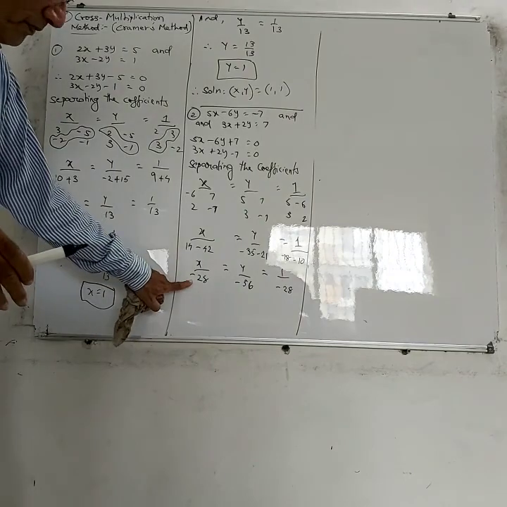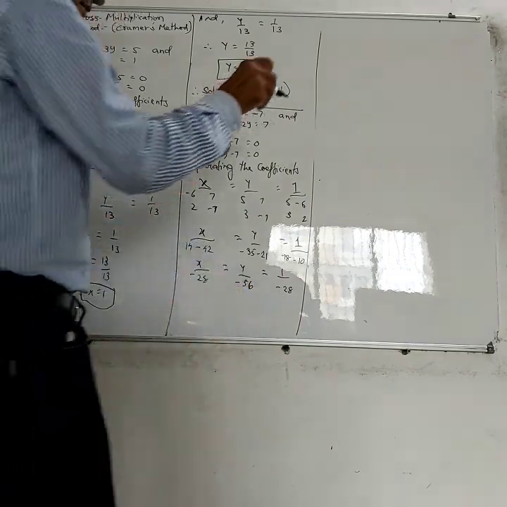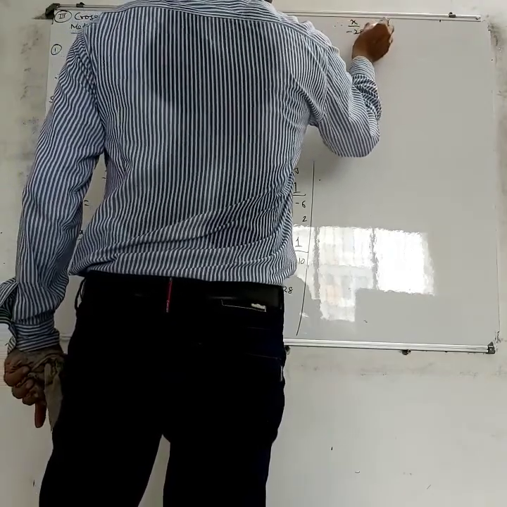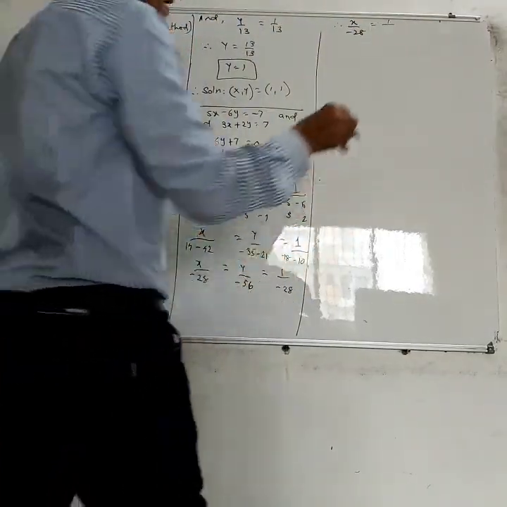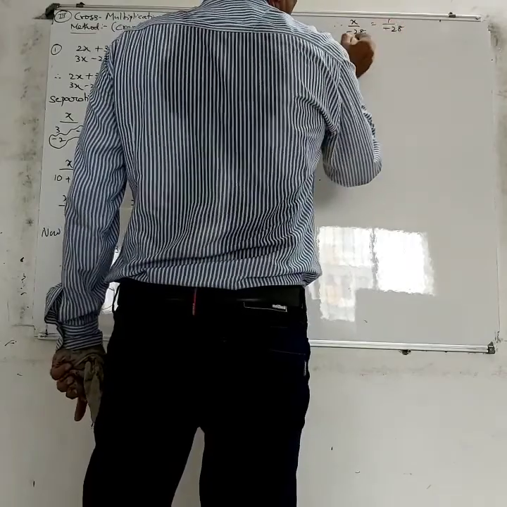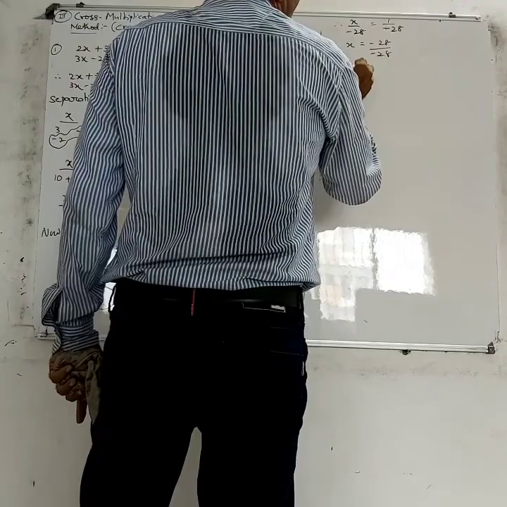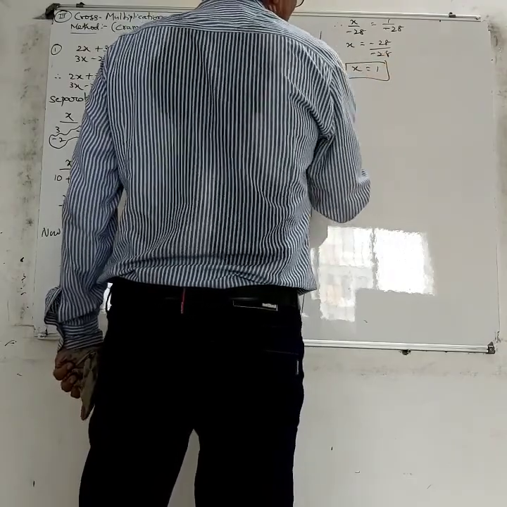Alright, so now I take this along with this. Therefore, x upon minus 28 is equal to this minus 28. So x is equal to minus 28 upon minus 28, x is equal to 1.